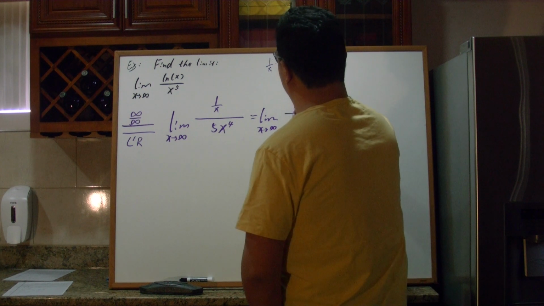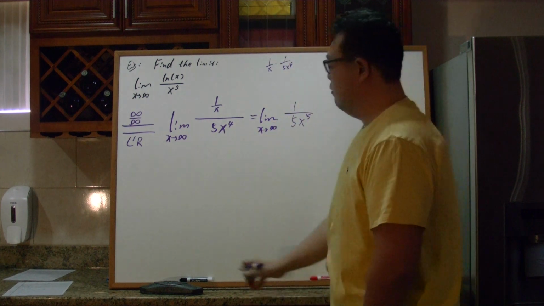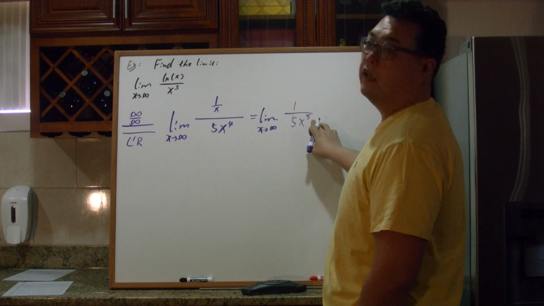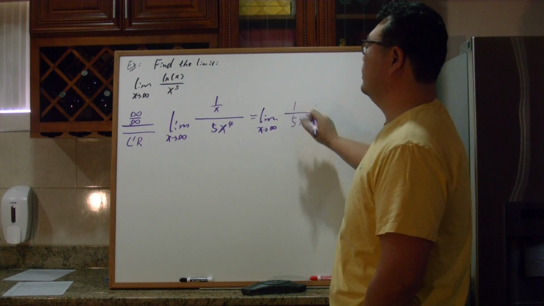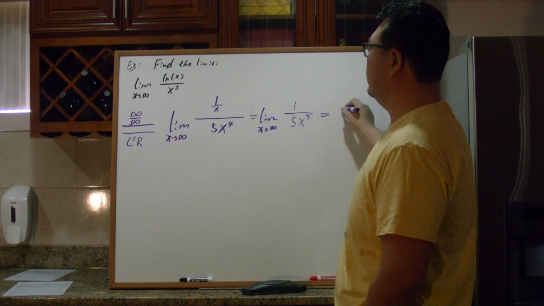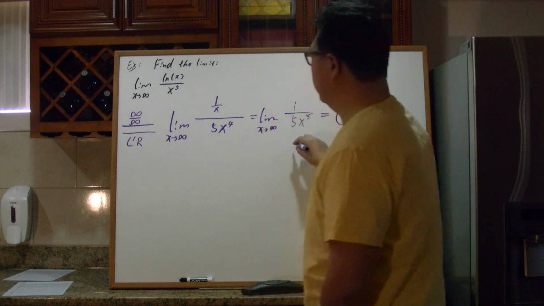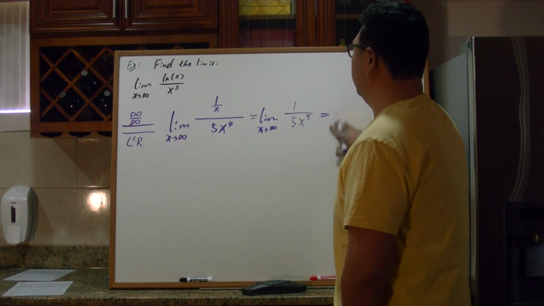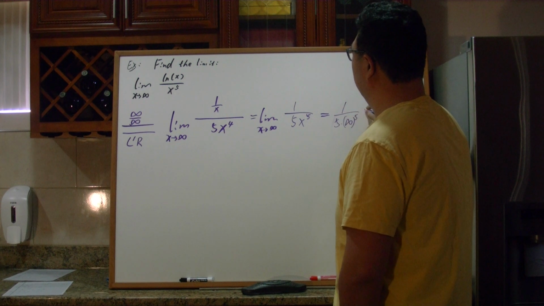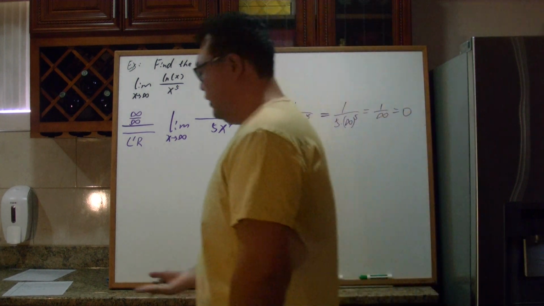That is 1 over 5x to the 5th power. That still has the higher power on the denominator with the numerator as a constant. The scalar doesn't matter what it is, that is still a 0. If you want to show steps, you could say that equals 1 over 5 times infinity to the 5th power, which is still infinity, that gives a 0 at the end.